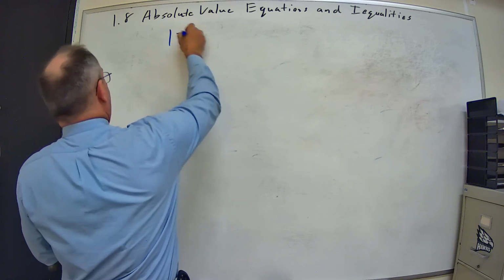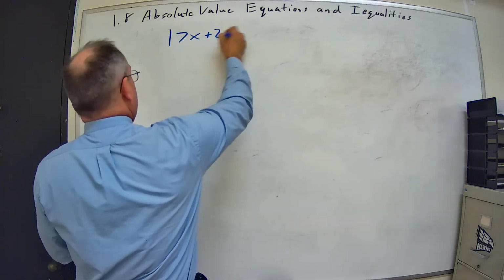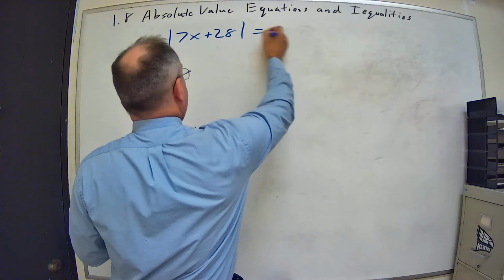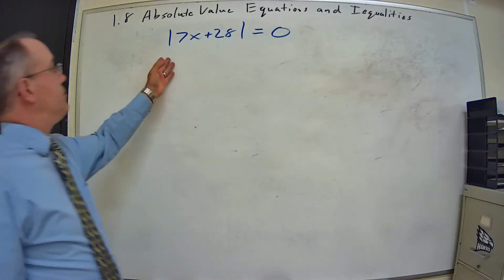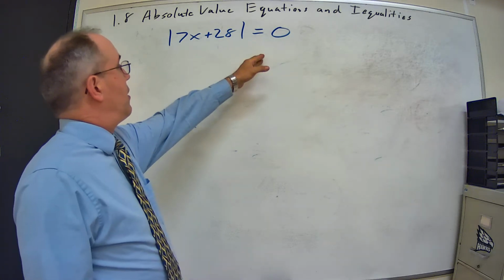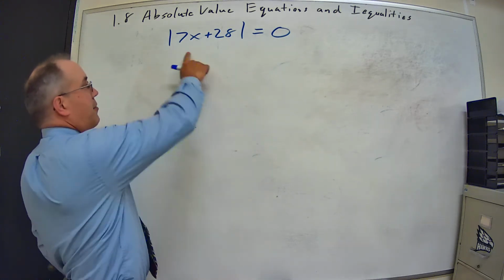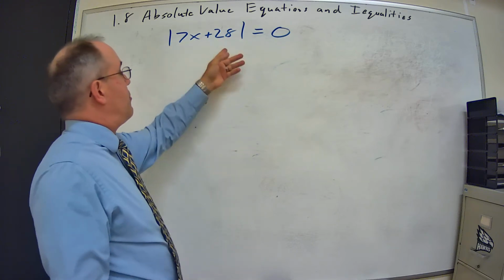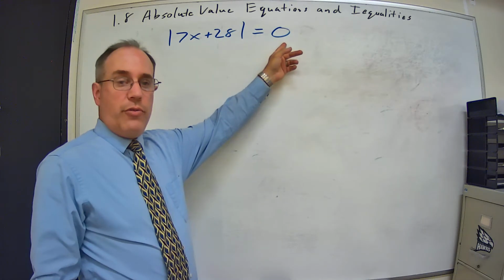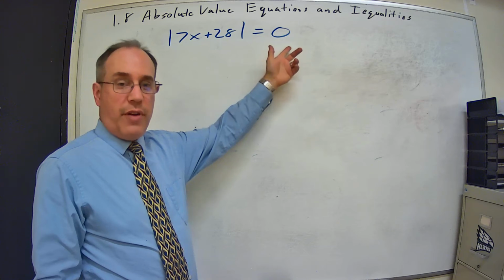The absolute value of 7x plus 28 is equal to 0. Okay, well remember that this can be equal to that value or the negation of that value.